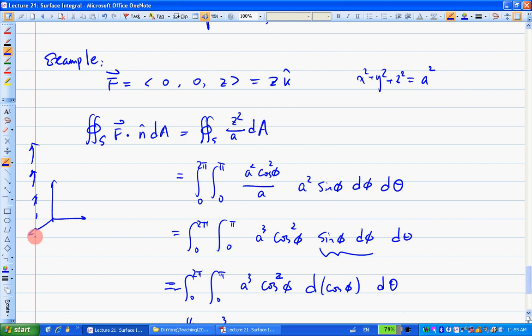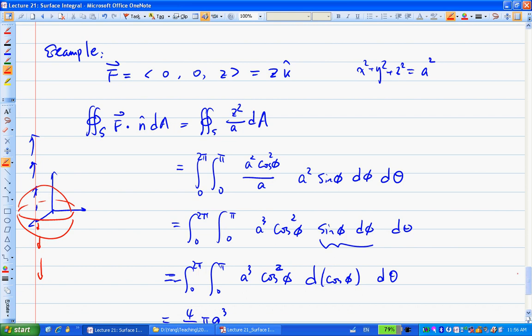At the bottom, z is a negative value, so the field goes down. Now what you have here is a spherical surface, and we're looking for the outward flux. There is outward here, and there's outward here. So that actually explains why you got a positive value.